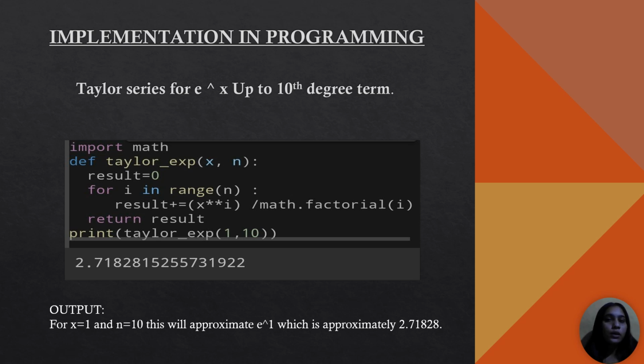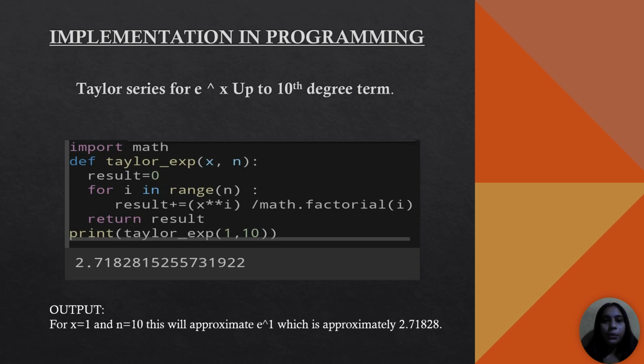So here when we execute the program we are using a certain module, and we are defining a function, and then we'll be returning the result, and then we are using a loop for the execution in the range of 1 to 10, and then we'll get the return result.